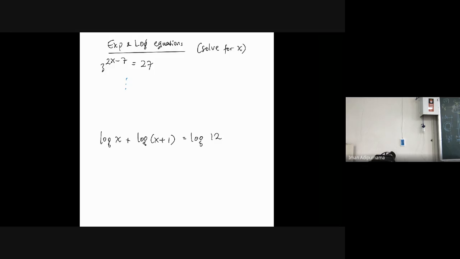So it's only having one answer. If you use this -4 here, can you do it? Log negative. Is it possible? Right. So you just take one from this.